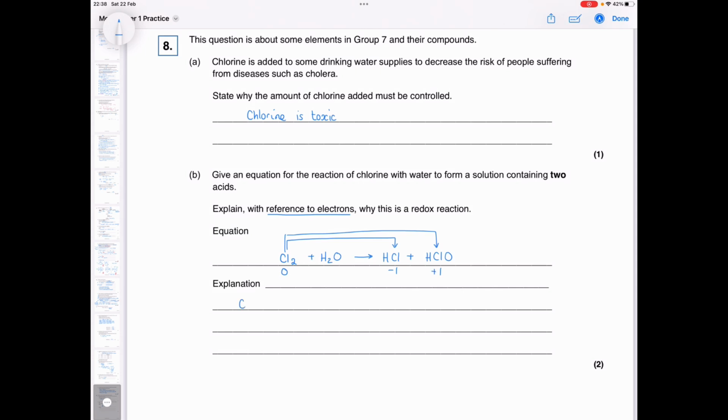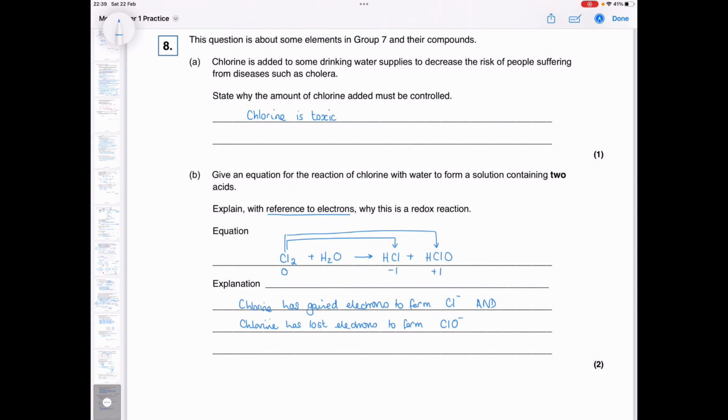So chlorine has gained electrons to form Cl minus, and chlorine has lost electrons to form ClO minus.